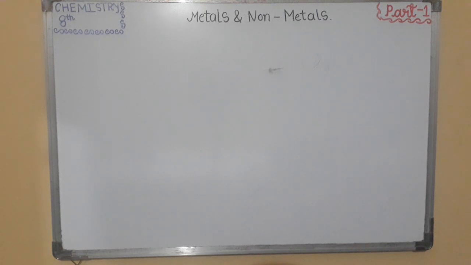Now, let's start with the main topic, metals and non-metals. There are more than 100 elements known today. In the periodic table, there are most probably 118 elements.